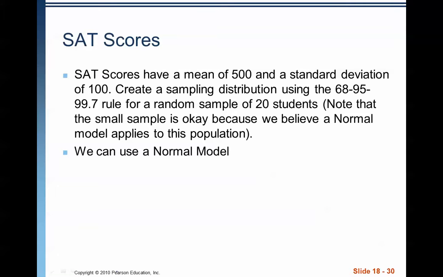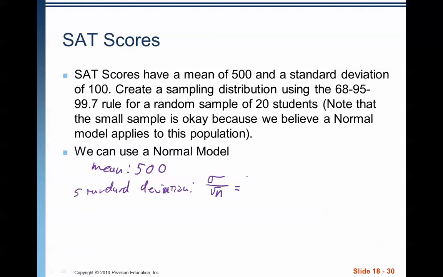We can use the normal model. The normal model we're using, remember, this is quantitative data. So the mean is going to be close to the population mean, which is 500. But the standard deviation for the sampling distribution follows the formula, the standard deviation divided by the square root of n.